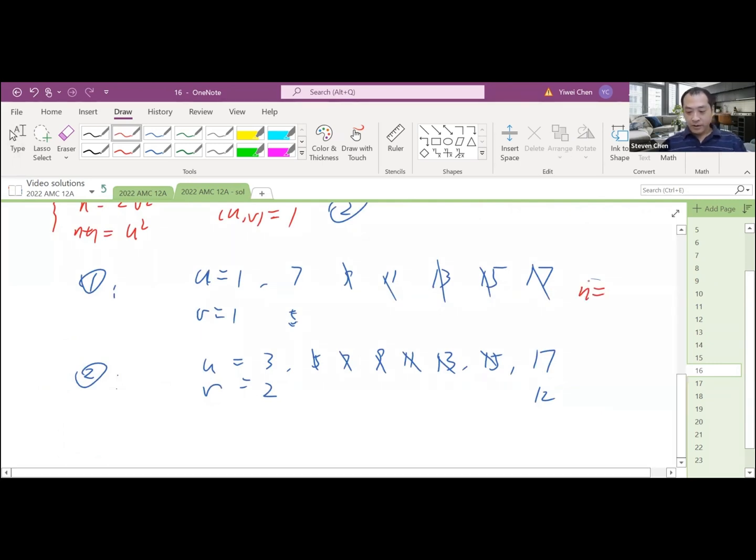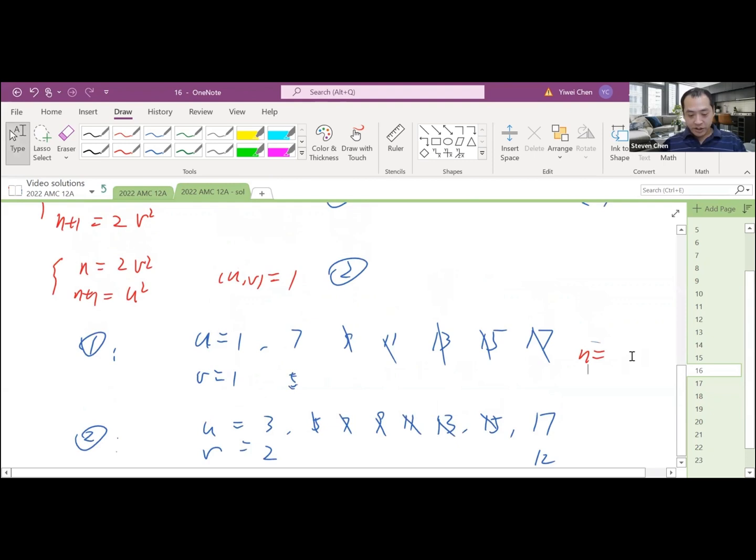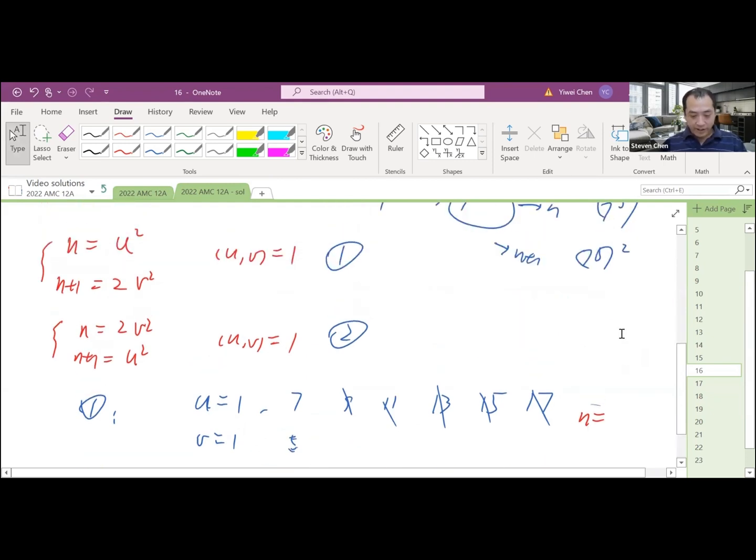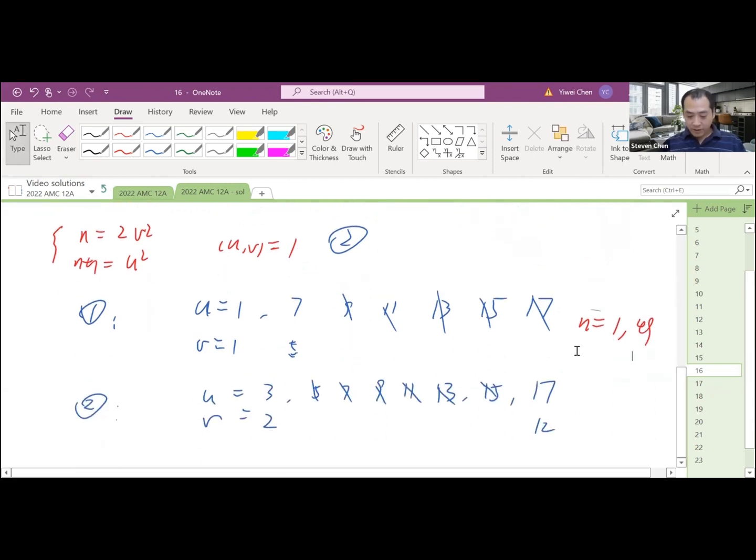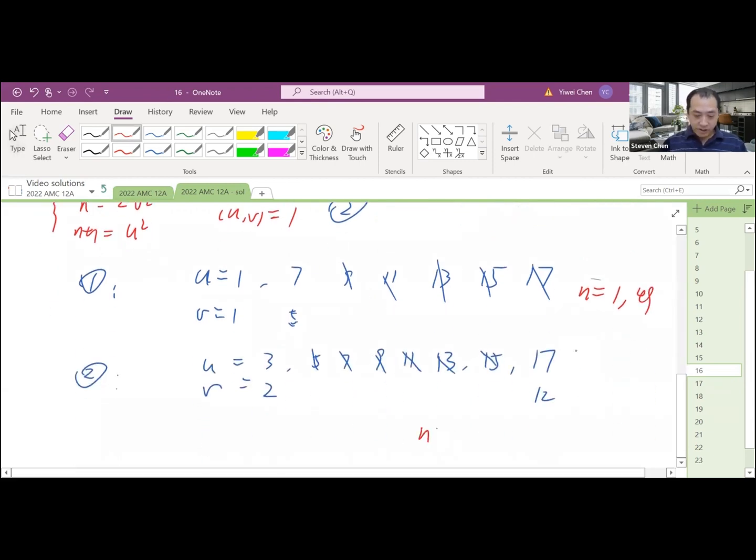So for the first type of solutions, u is 1, then n is 1, u is 7, n is 49. For the second group of solutions, for u is 3, then n is 8. For u is 17, then n is 288. So these are the 4 smallest n's that make the triangular numbers perfect squares.